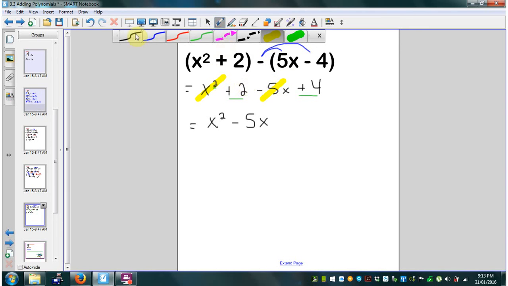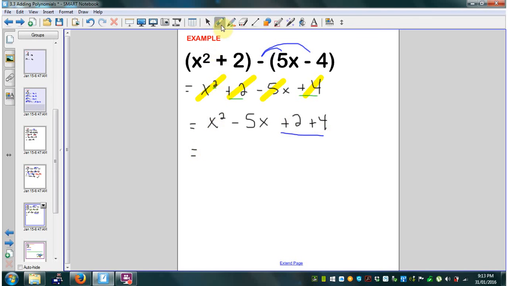And then we have plus 2 and plus 4. And those are those terms taken care of. So I can simplify by putting together my like terms. So our final answer is x squared minus 5x, plus 2 plus 4 equals positive 6. And this is our final simplified answer.